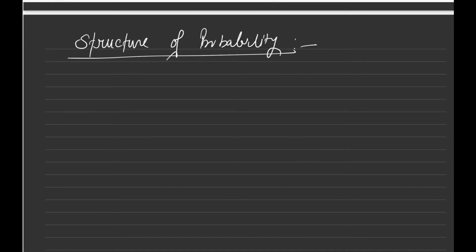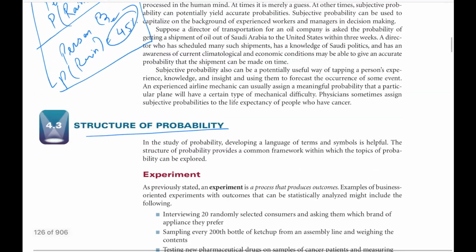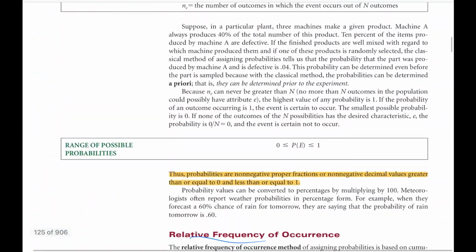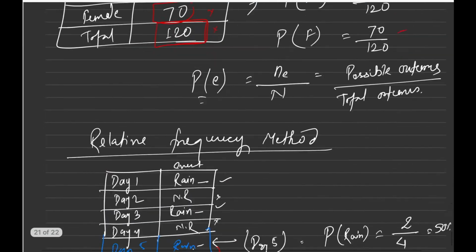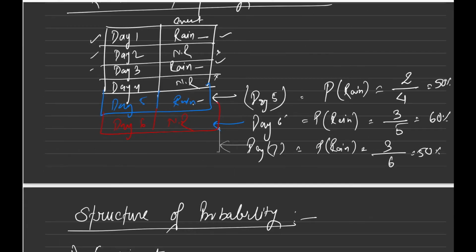Okay, now if you see, the first thing we had was experiment. How many times we did the event, like if we are counting the number of days, how many days it was. If you count the number of days, like here 1 2 3 4, each one is an experiment we are doing, right?